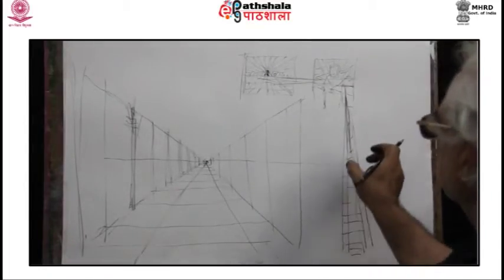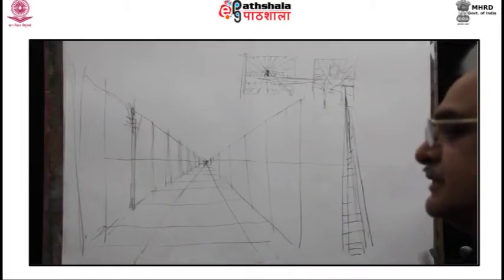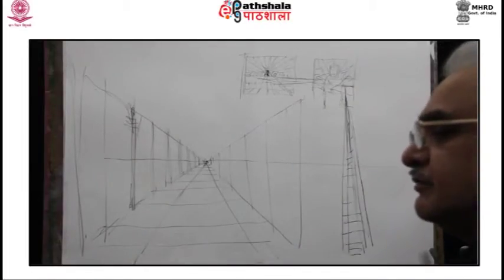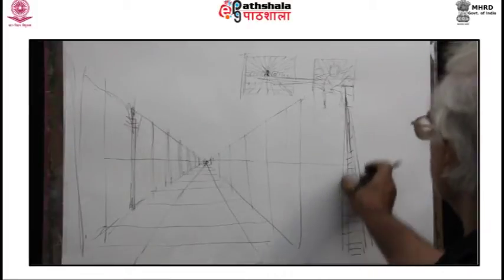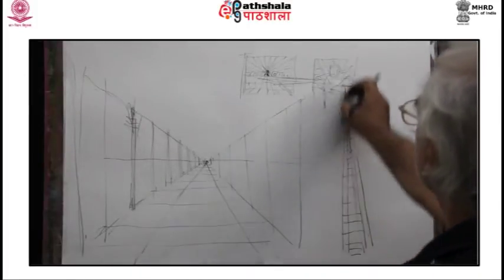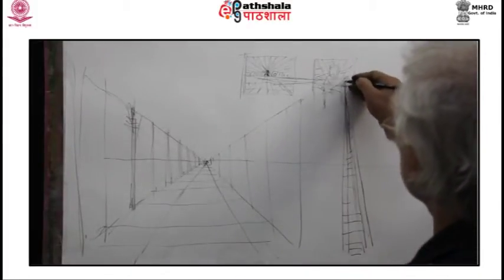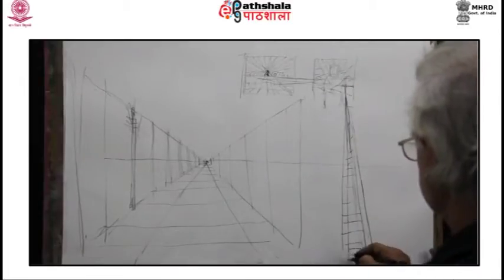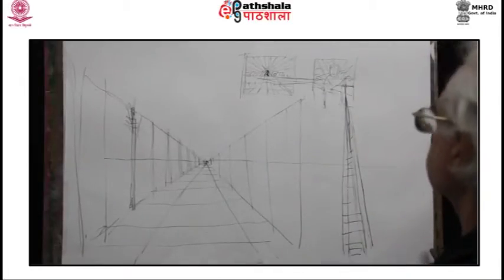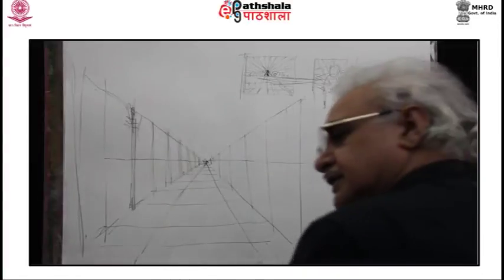In real, these lines cannot meet as they are parallel to each other. Their meeting at a point is just an illusion.